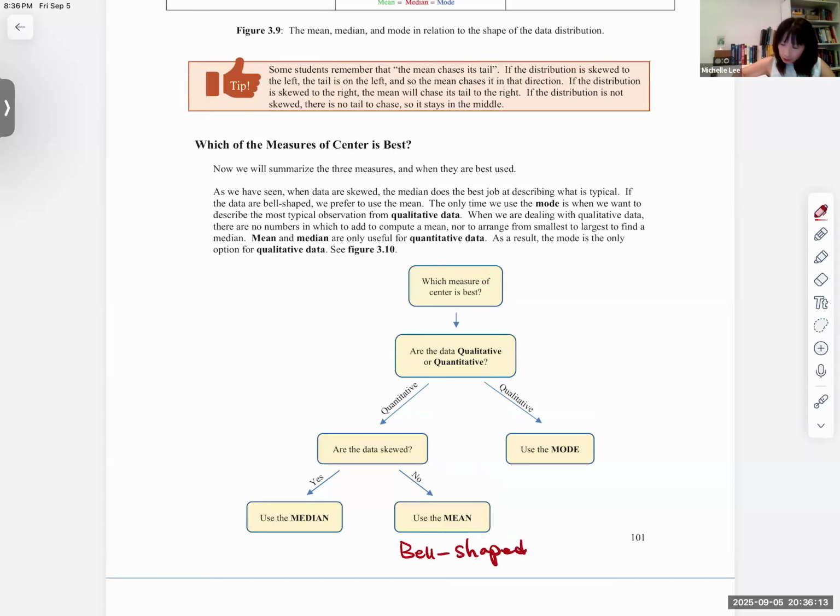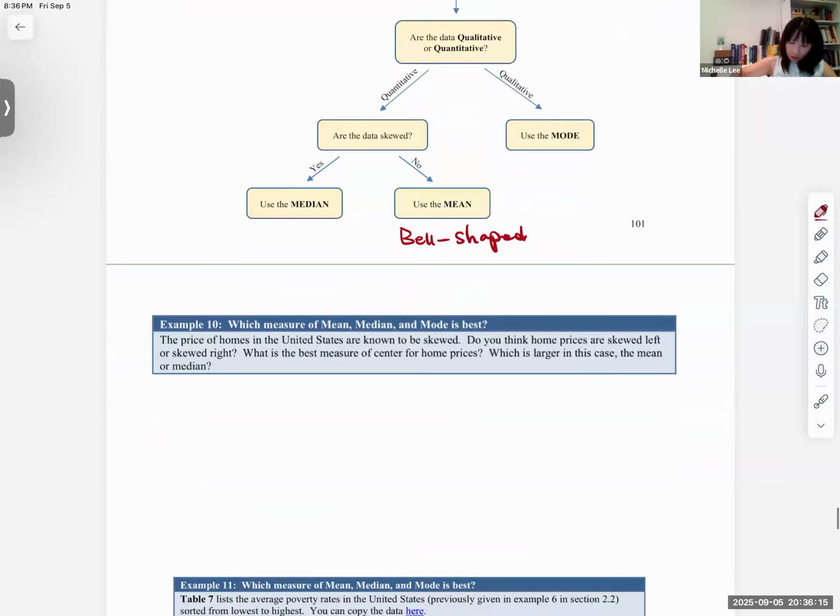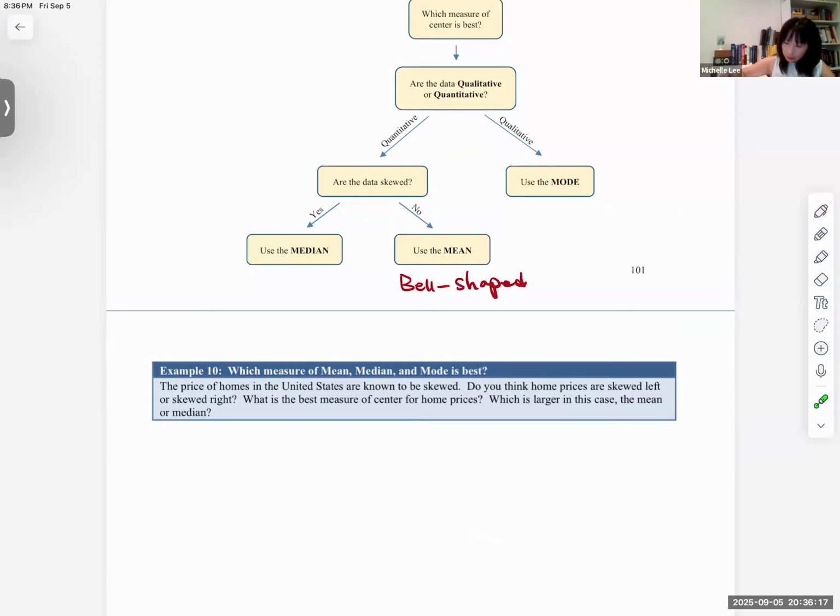Okay, let's take a look at this one. We have question number 10. They ask which measure of mean, median, and mode is best. The price of a home in the US is known to be skewed. What do you think? Skewed left or skewed right?